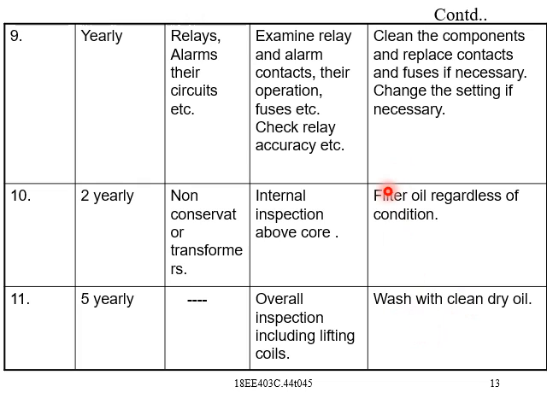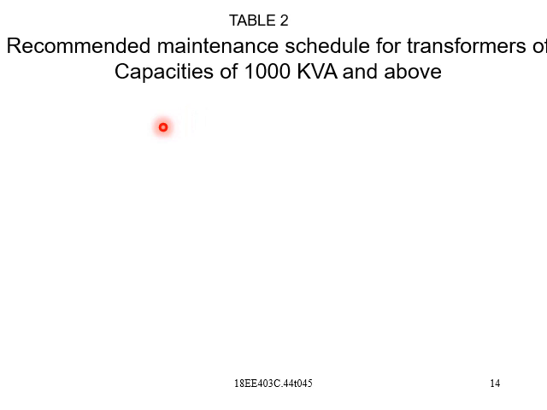Moving on to the next slide. Now here we are going to observe table number 2. This is the recommended maintenance schedule for transformers of capacities of 1000 kVA and above.